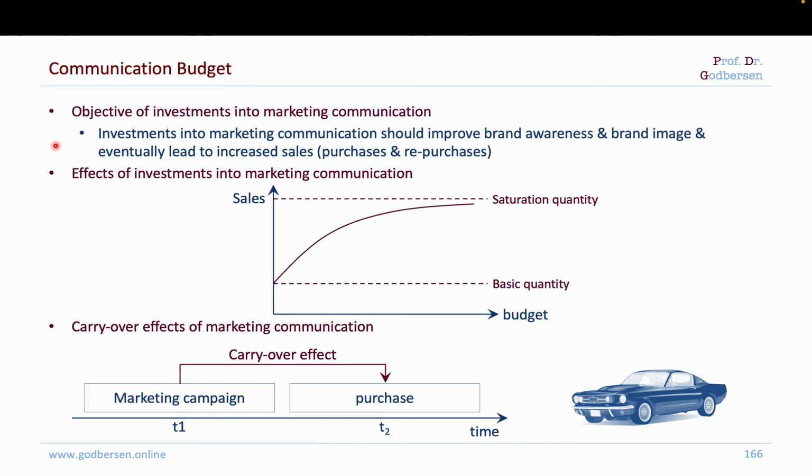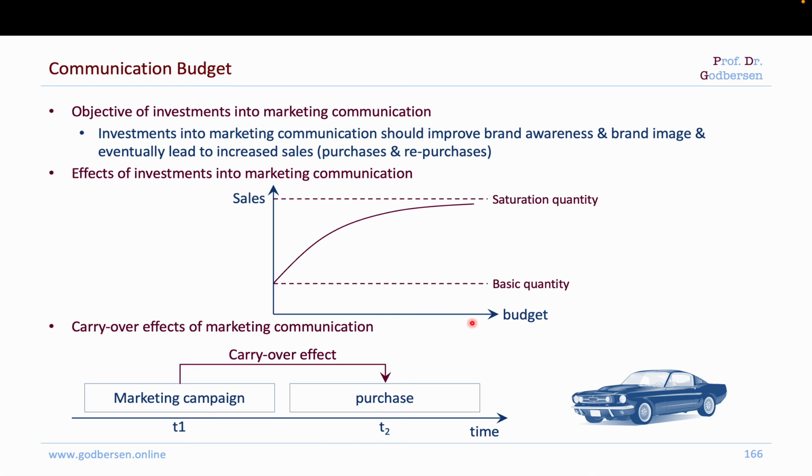The objective of investing into marketing communication is to improve brand awareness and brand image, and eventually lead to increased sales in the form of purchases and repurchases. The latter means strengthening brand loyalty. How do these effects work, depending on your budget?